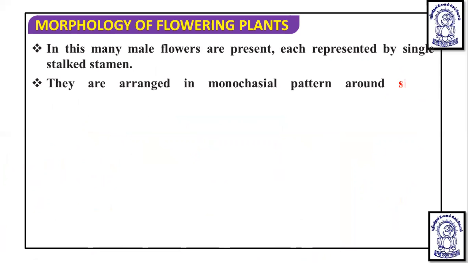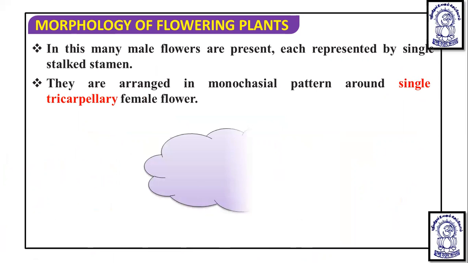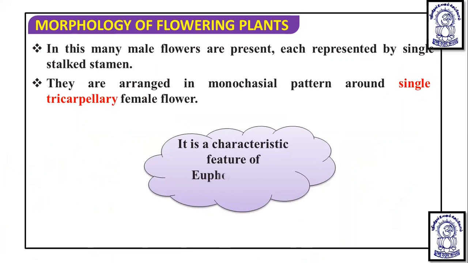Whatever we have understood is written here: many male flowers, each represented by a single stalked stamen, and in the monoecious pattern, a single tricarpellary female flower is seen. It is a characteristic feature of the Euphorbiaceae family that you should understand.